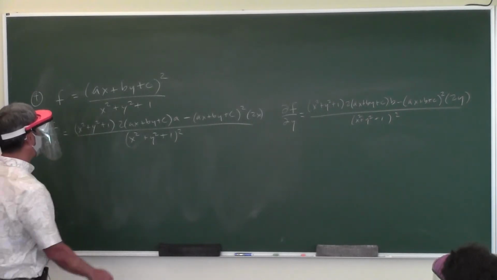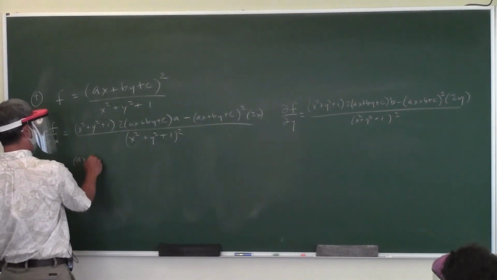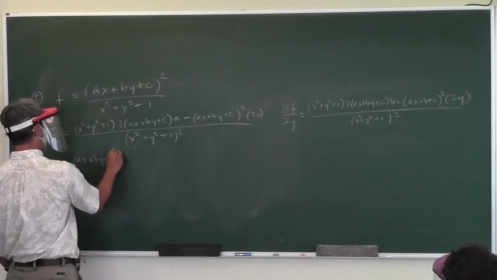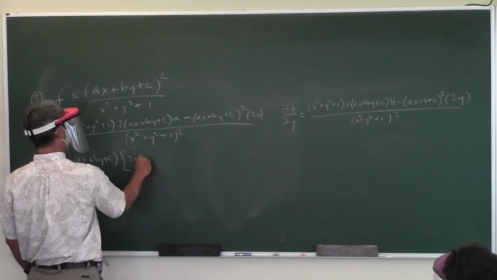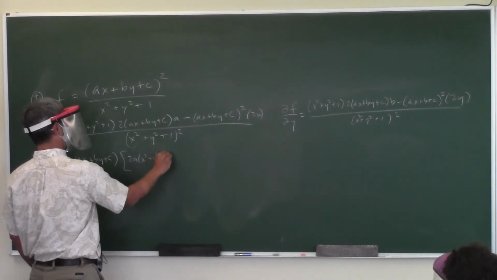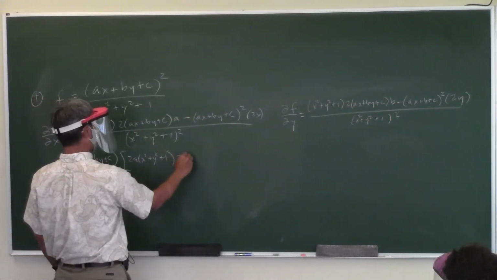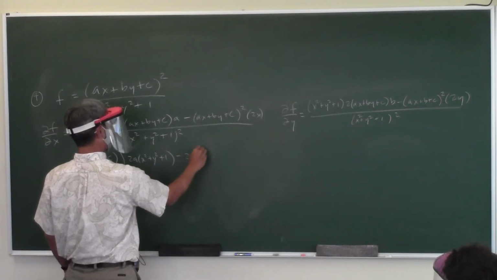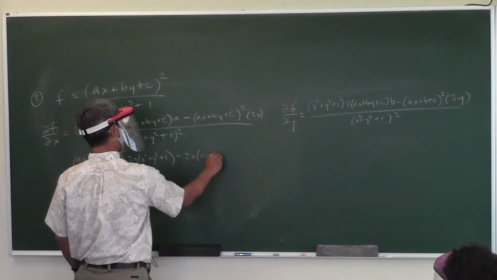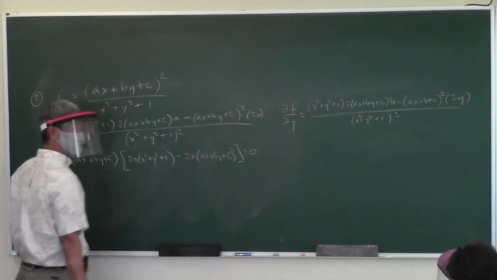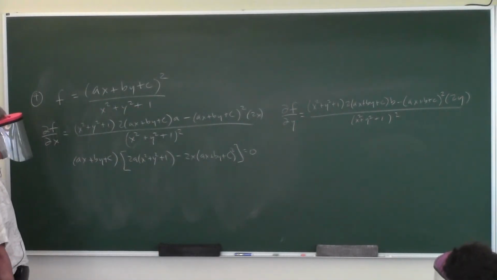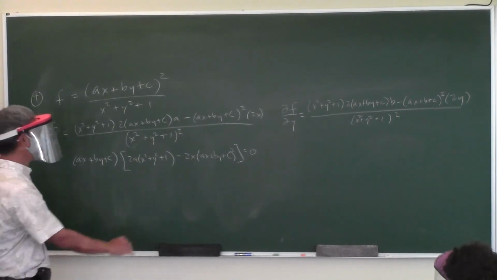Okay, factor out ax plus by plus c. What's going to be left? 2a times x squared plus y squared plus 1, minus 2x times ax plus by plus c, and that has to equal 0.